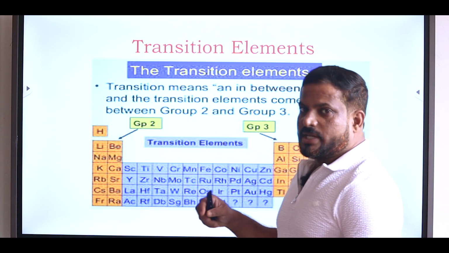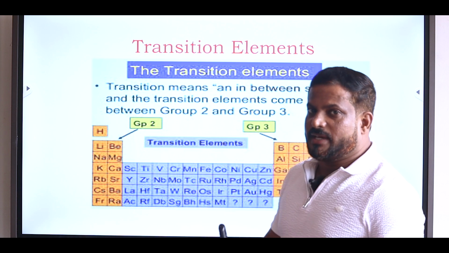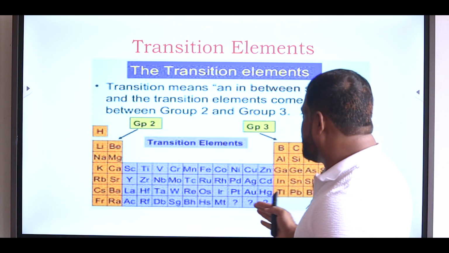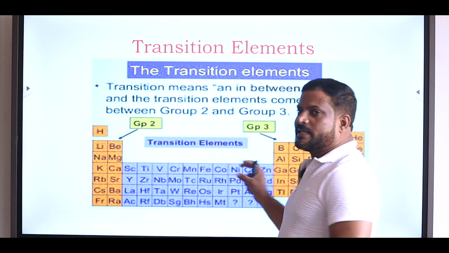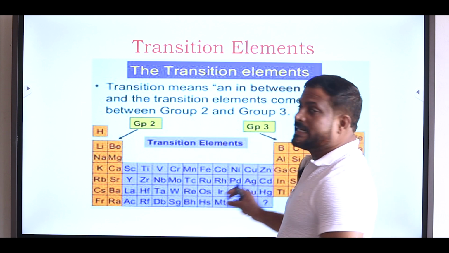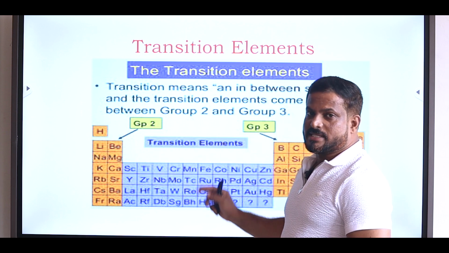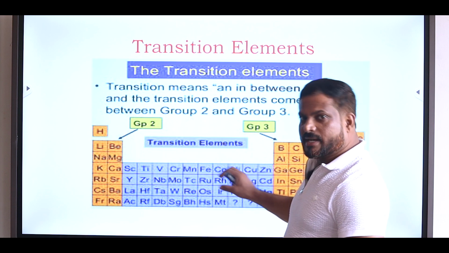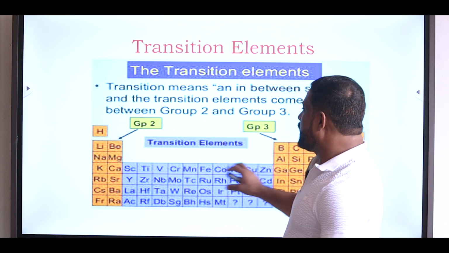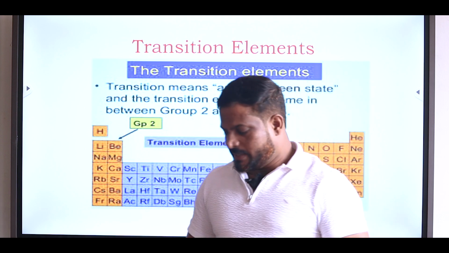At the initial time I mentioned there are certain elements in between metals and non-metals. They act as a bridge between metals and non-metals. These are called transition metals. They are also metals.